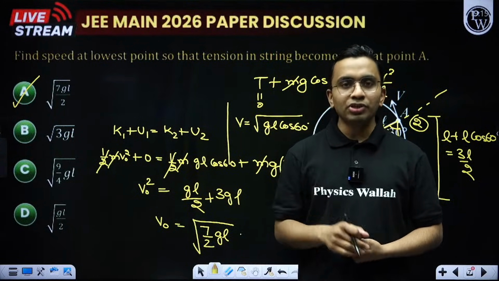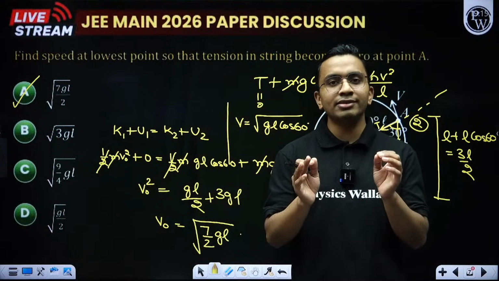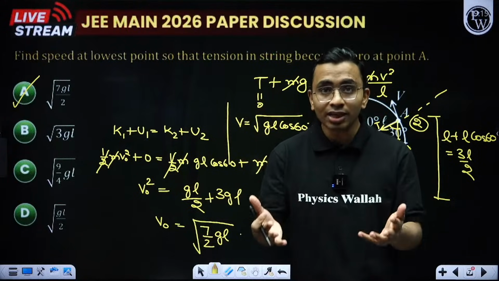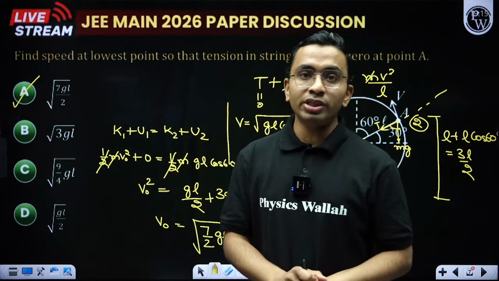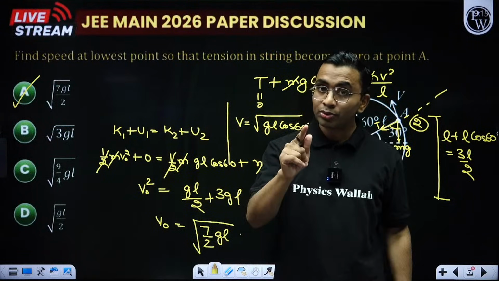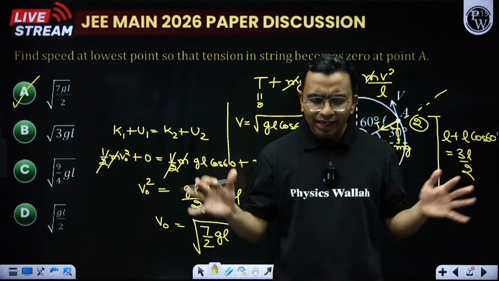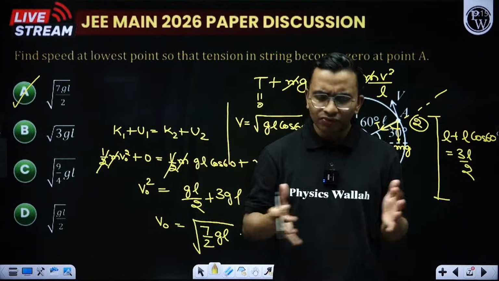Naman, initially I mentioned that when you enter the exam hall, there is a very high chance that you will panic because it is your first time giving the exam, you prepared for 2-3 years, and there is so much pressure: will I be able to score or not? So what you need to do is go through the paper and select very simple questions, any 4 or 5, even 10 questions you can pick.